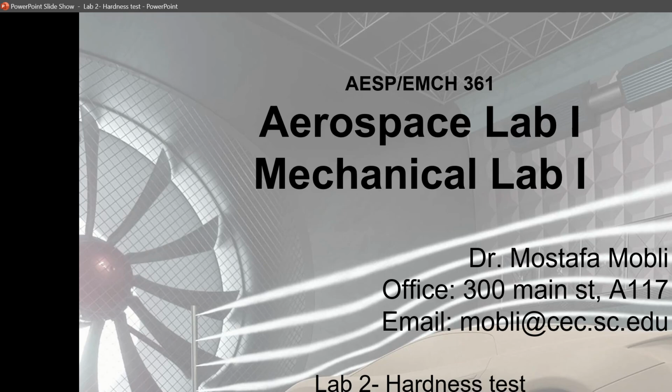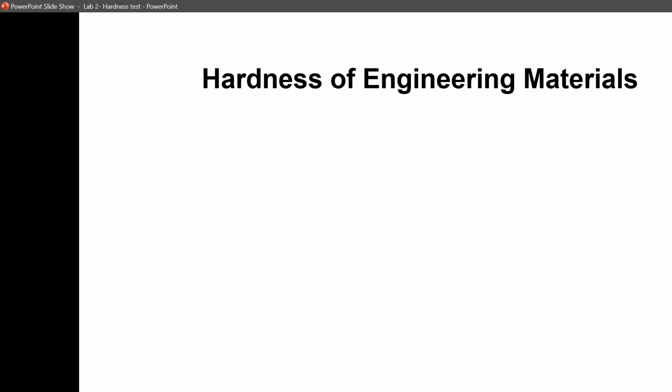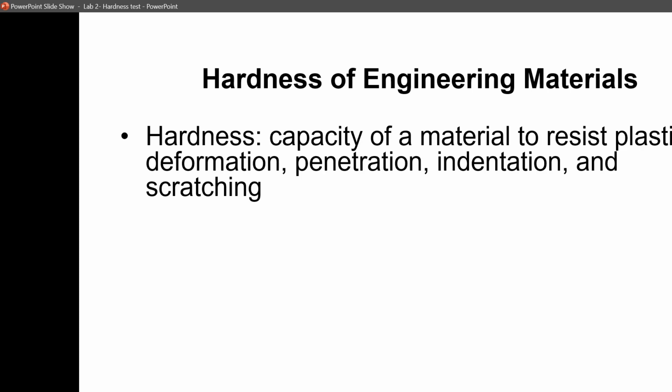This week we're going to talk about the hardness test. This is your second lab. We're going to talk about the hardness of the material, and our test is going to essentially measure the hardness of a metal, and also the hardness of a rubber type material. The first thing you want to know when doing a hardness test is what hardness is. Hardness is the capacity of a material to resist plastic deformation, penetration, indentation, and scratching.